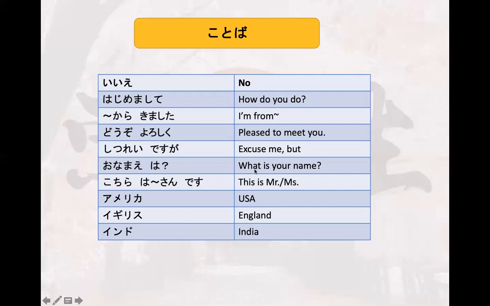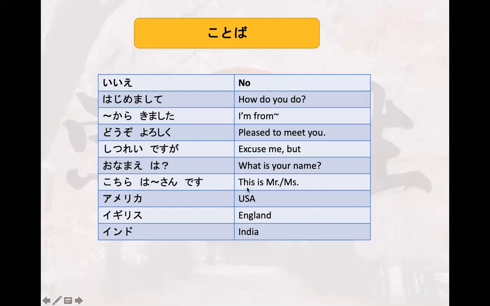So, in Japanese, what is your name is onamae wa. Okay. So, gusto mong malaman yung name niya. So, of course, kailangan mo munang kunin yung attention niya. So, you say this phrase, shitsurei desu ga, onamae wa. So, bago mo sabihin ang iyong pakay.